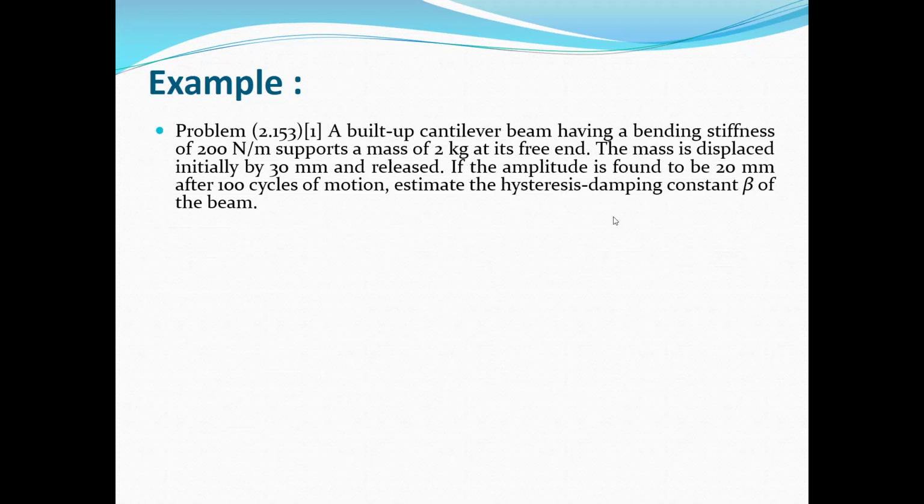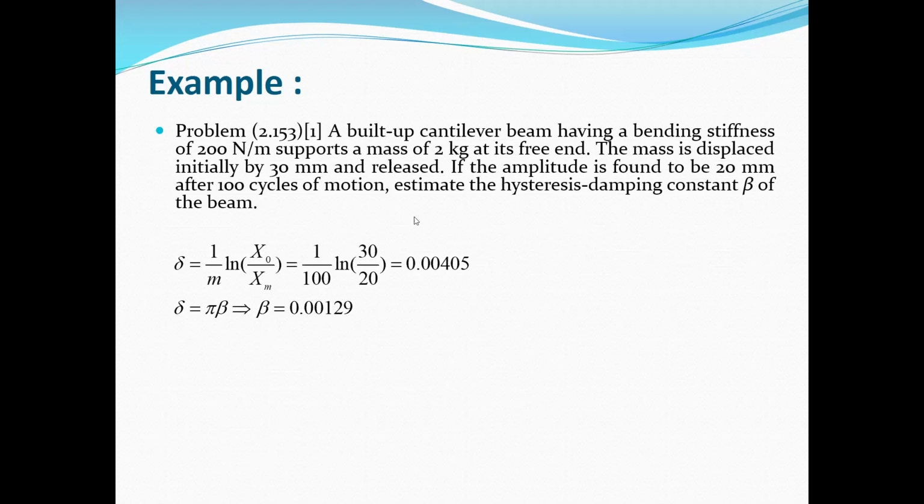So here, in this case, we can obtain delta similar to the viscous damping system because we have a harmonic motion. So we can find the logarithmic decrement, which is equal to 0.00405.